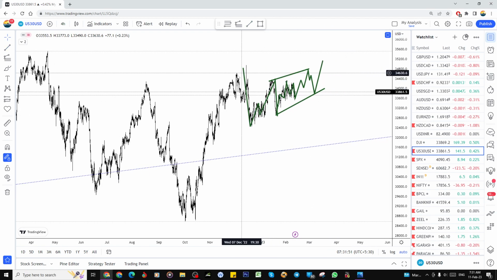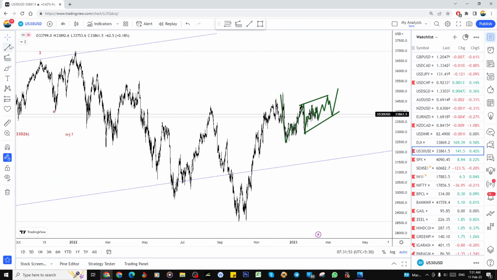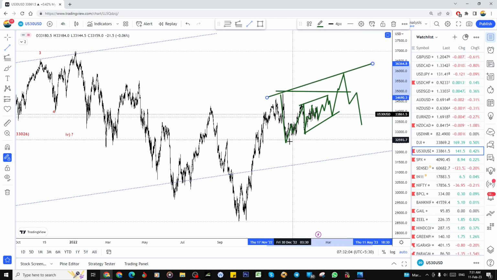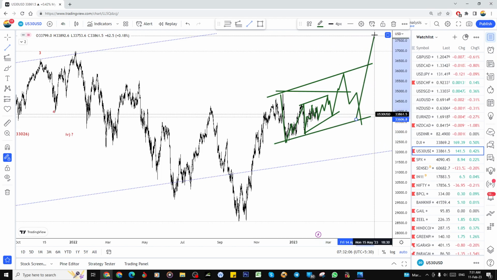So if it keeps on doing like this, and again if it breaks the previous high, for example like this, immediately it can do like this. Then this is the bigger part, and from here I'm expecting the impulsive wave.